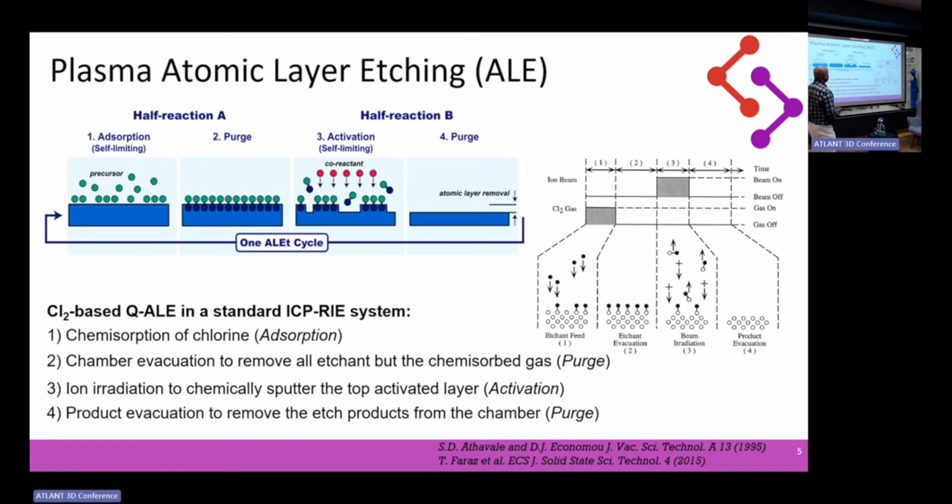The second step is a purge to remove the extra gases from the chamber. Then the third step is activation or etching, and to remove the products from that step, we have purge four to remove all the products from the chamber. So physical chemisorption in the first half cycle, and then we have ion irradiation to chemically sputter the surface.